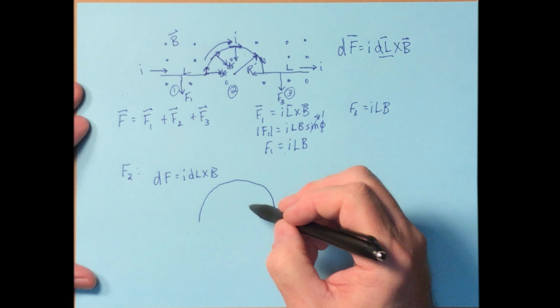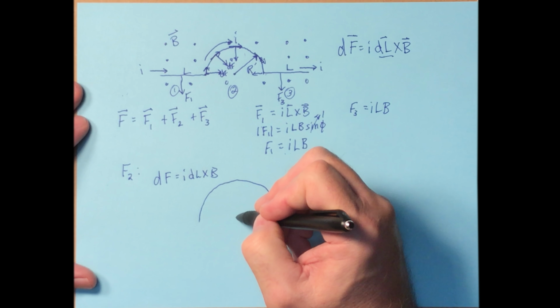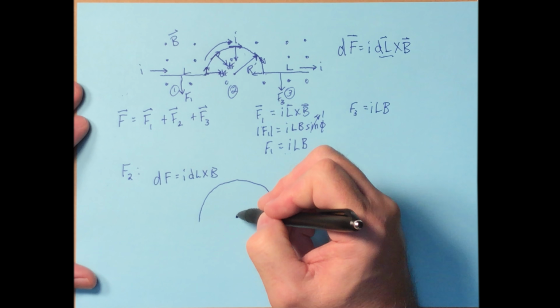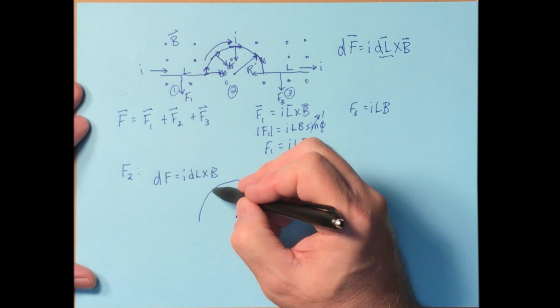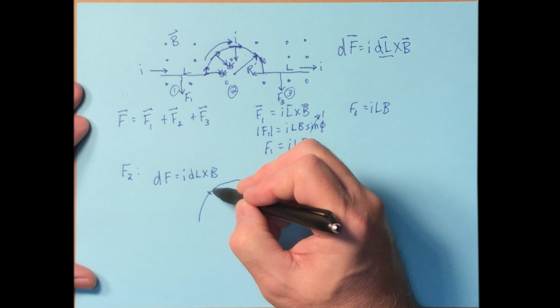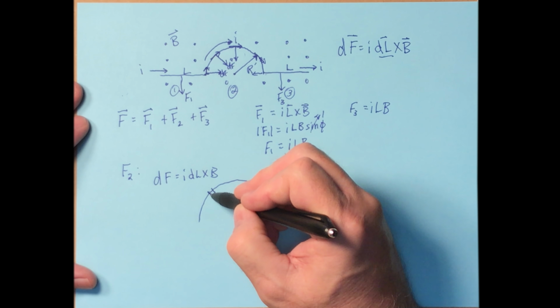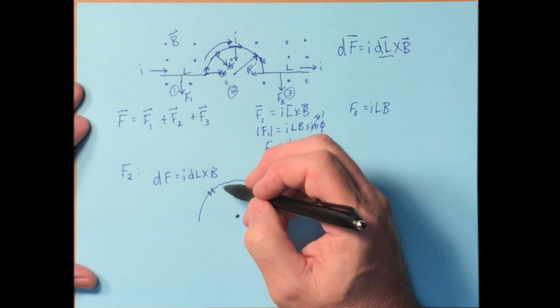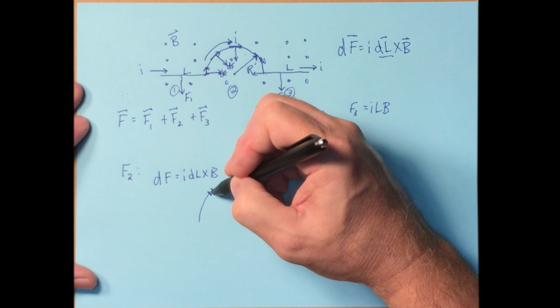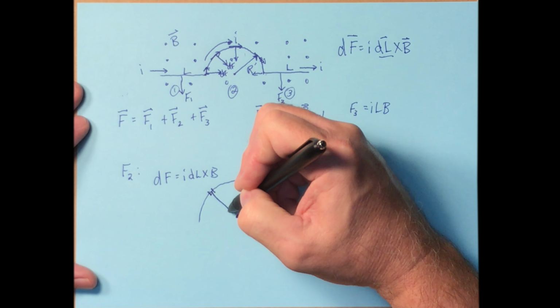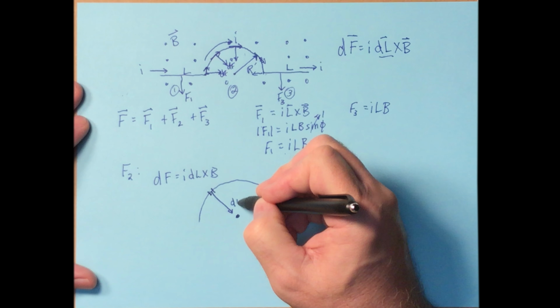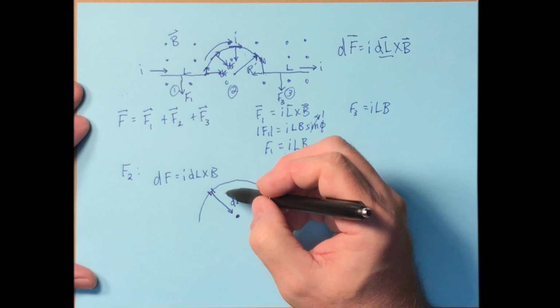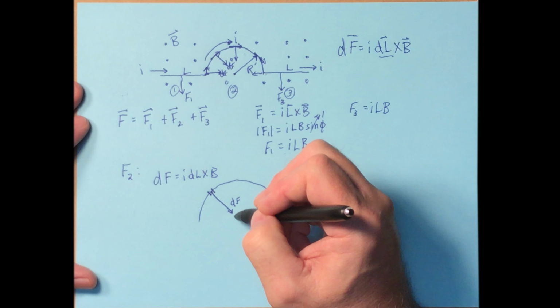If we pick a spot, say there's the center of curvature right there, and some dL section over here, then there's going to be a force dF pointed downward in that direction. So that's dF.